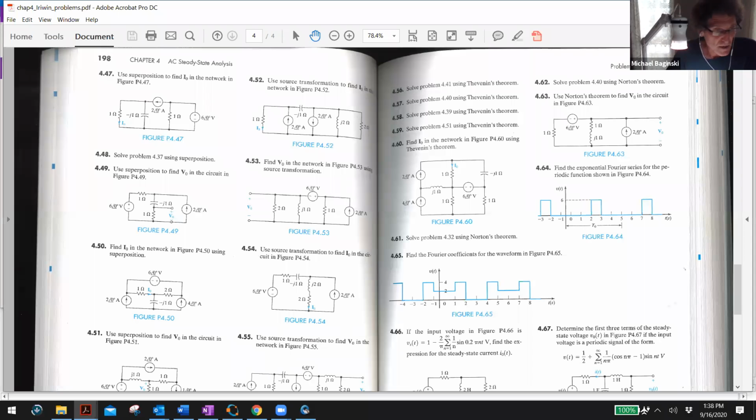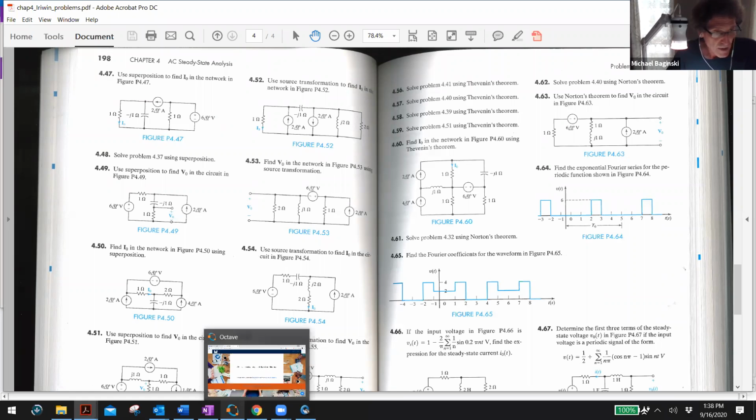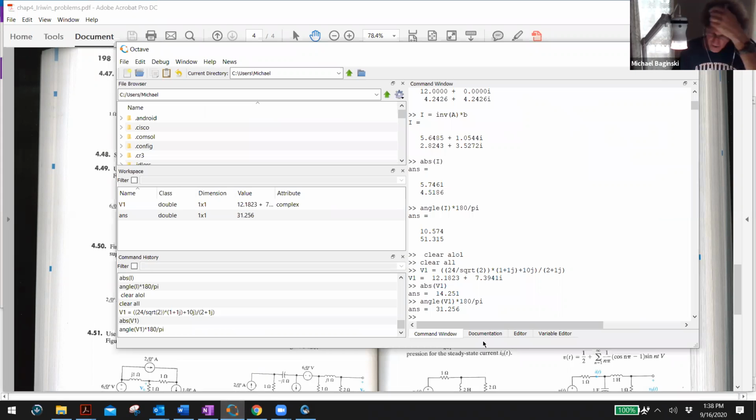Get your calculators out. Please try this with me. And you should get a value of I equal to, I'm not using MATLAB, this is Octave, but the same functions basically are there, minus 2J divided by 1 minus 1J.